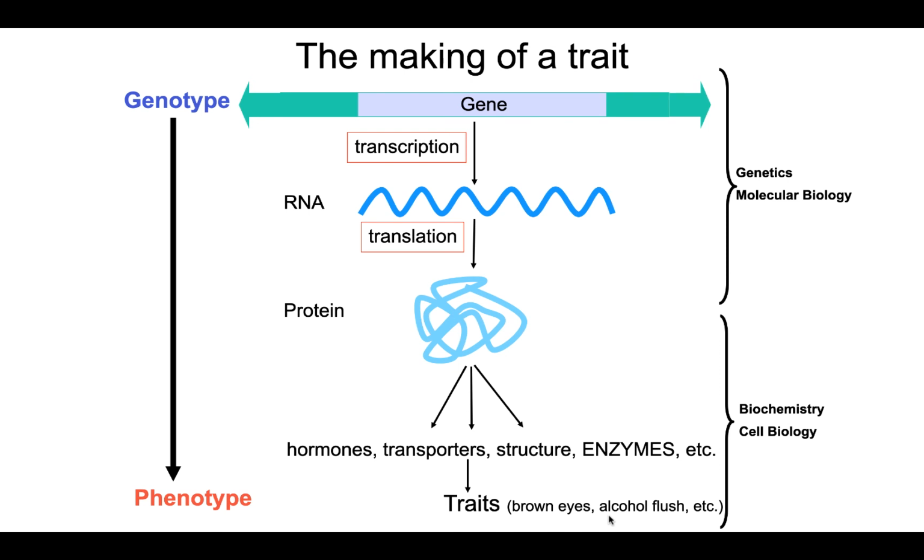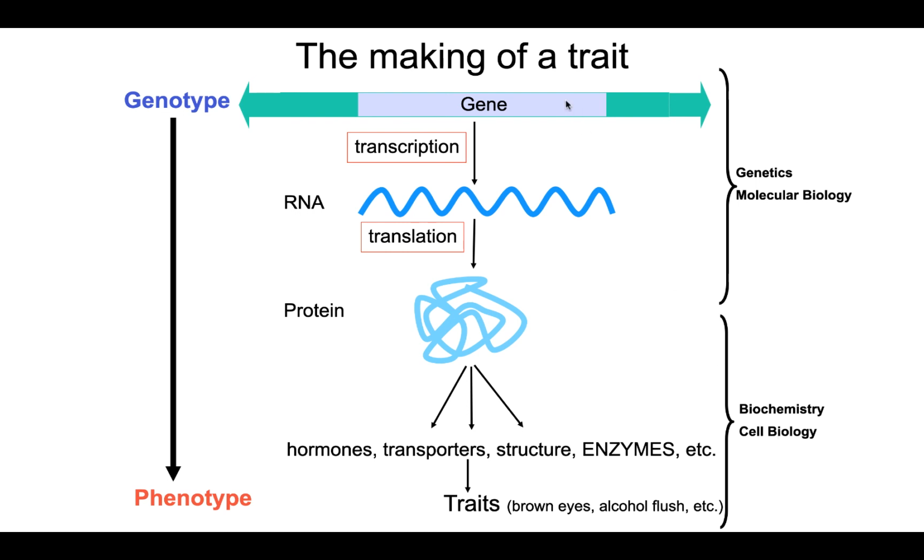Now, the first half of our class dealt with this half here, with understanding protein, amino acids, and polypeptide bonds, and how a protein folds, and the different functions of a protein, and how that can affect metabolism and traits. That is the biochemistry and cell biology portion of this course.